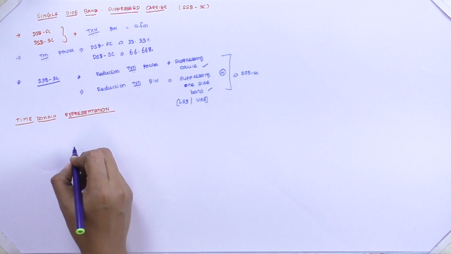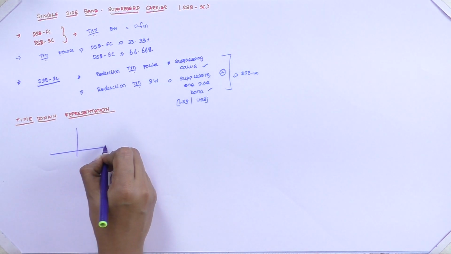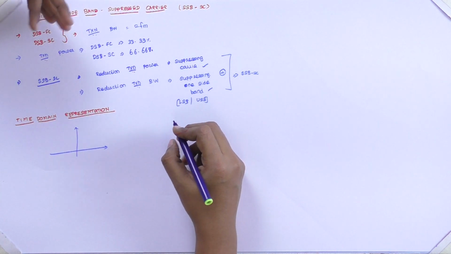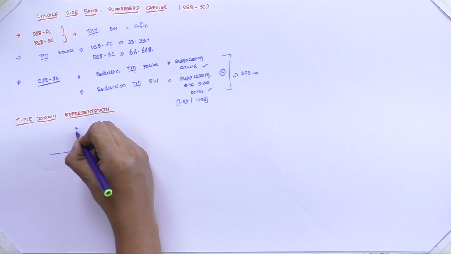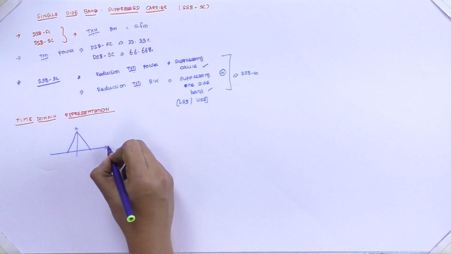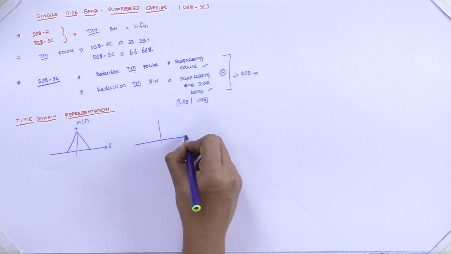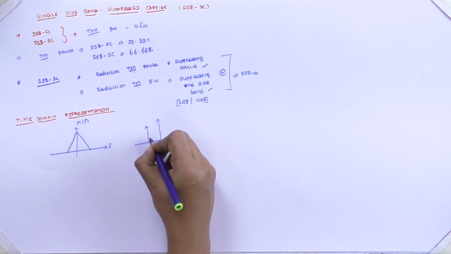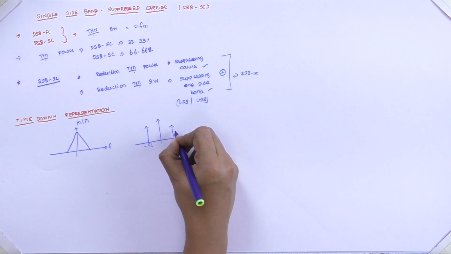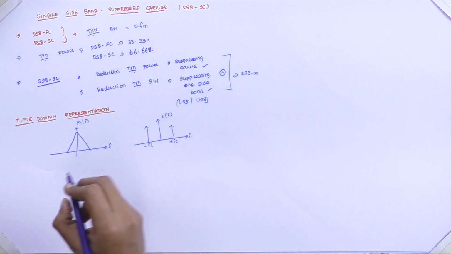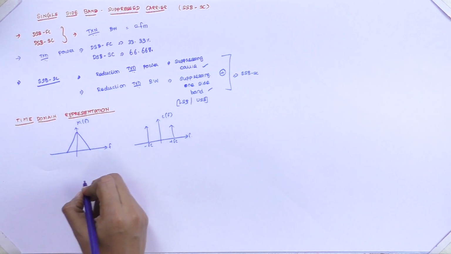Here we are going to achieve single sideband suppressed carrier by using the double sideband suppressed carrier waveform. We know the output waveform for the double sideband suppressed carrier. This is our message signal. When we combine our message signal with the carrier, this is our minus Fc and this is our plus Fc, and this is our carrier signal in frequency domain representation.